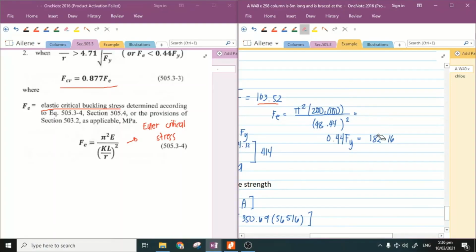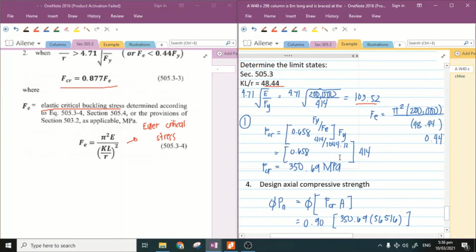And then, evaluate natin for pi squared multiplied by 200,000 over 48.44 squared. That is equal to 841.24. So, lahat magbabago. Fy, so, 414 over 841.24.